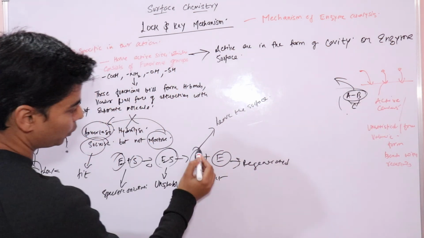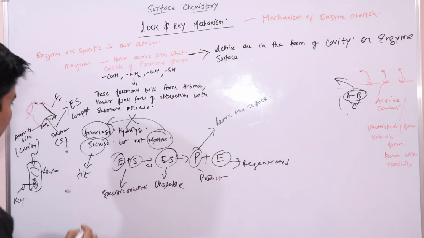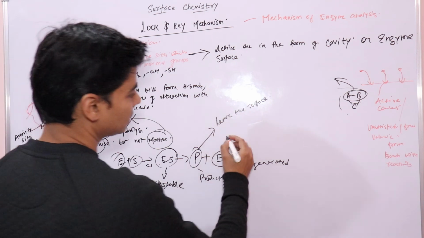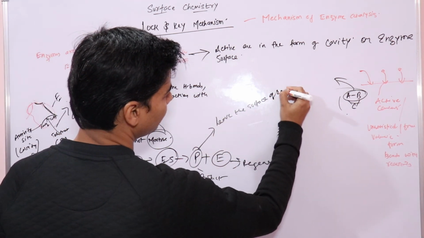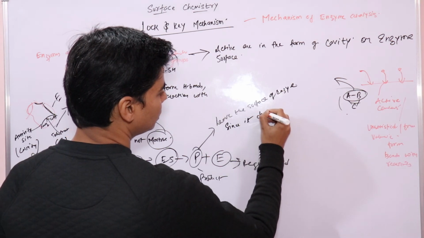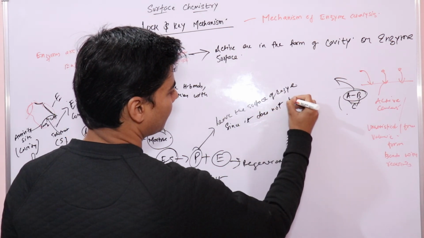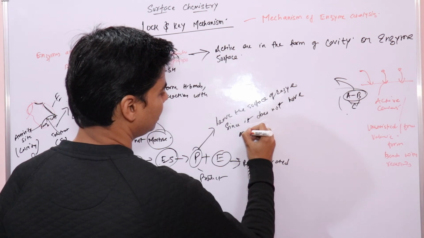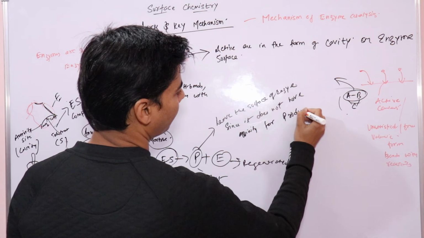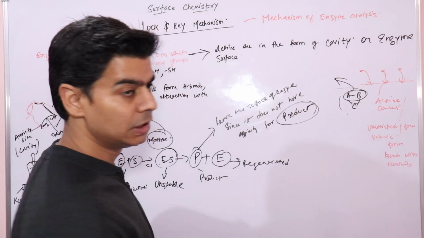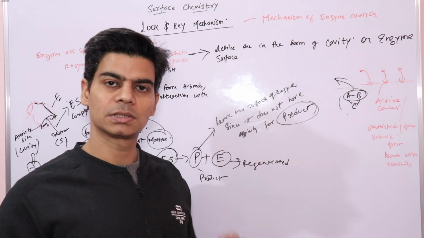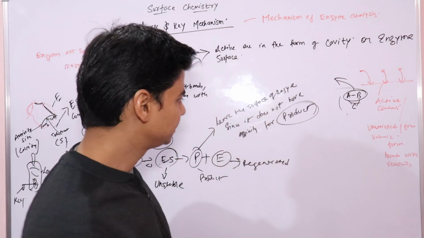Same here, the product does not have any affinity for the enzyme surface, so this product will leave the surface of the enzyme, creating room for fresh substrate molecules, right?